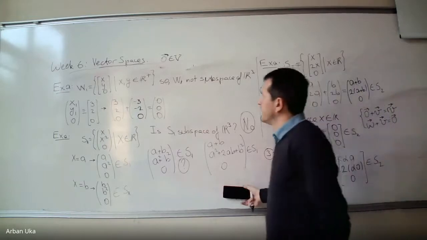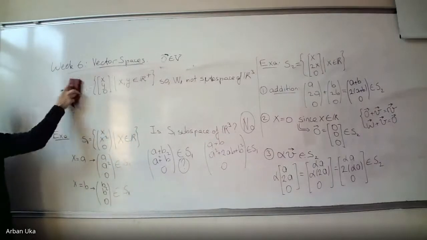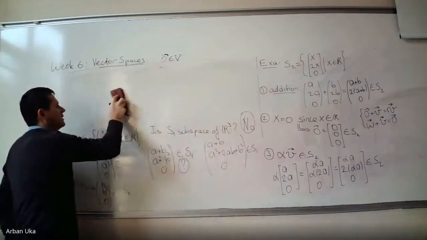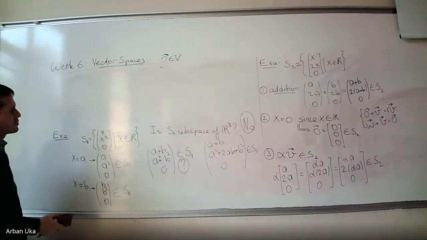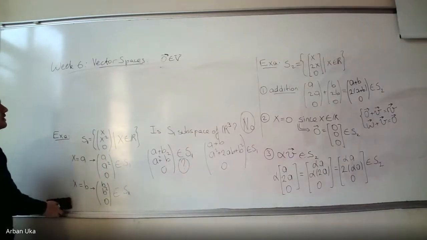From here, we see two examples. S1 was not a subspace of R3, which was simply because it was not closed under addition, so the answer there was no. Then we saw another case where it was closed under addition.